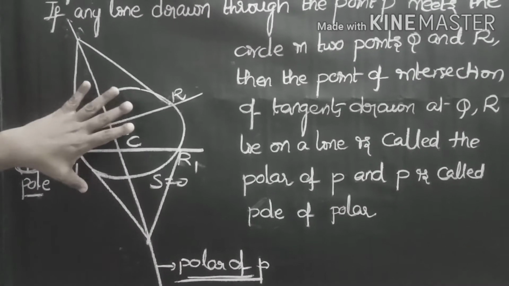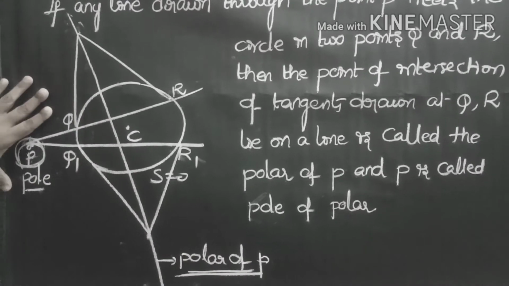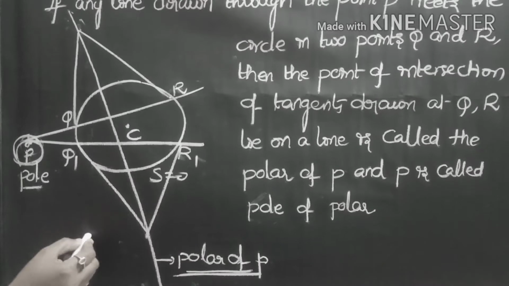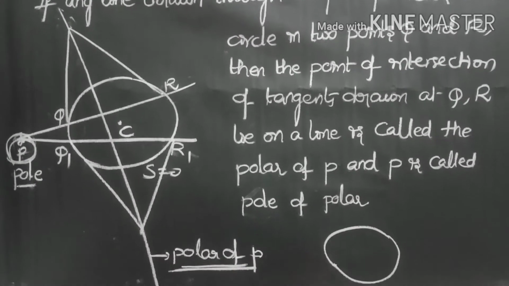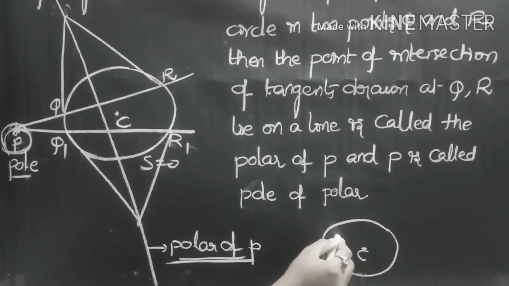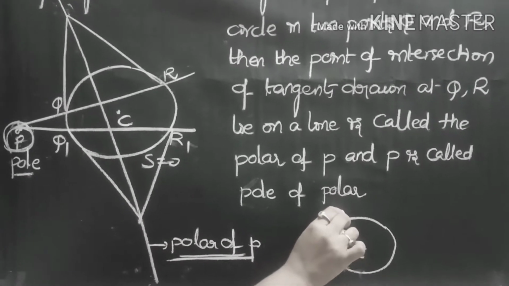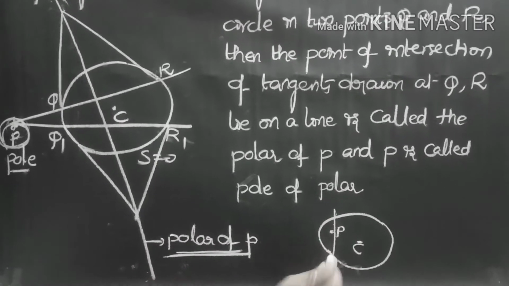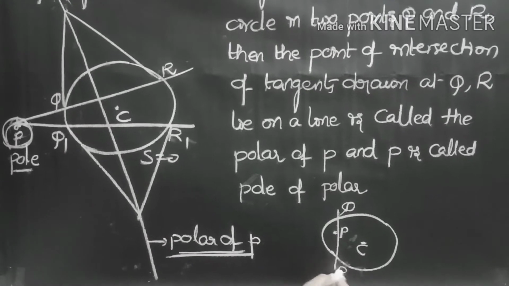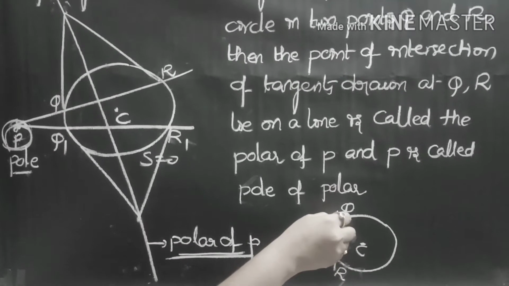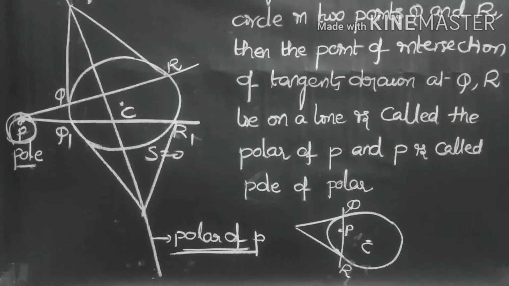Now here in this definition, we take the point P as the external point. Now if we take the point P as an internal point, for example, this is the circle S equals 0 with its center. Suppose P lies inside the circle. Now from this point we are drawing one chord to the circle, and this chord cuts the circle at the points Q, R. Now at the points Q, R we are drawing two tangents to the circle.